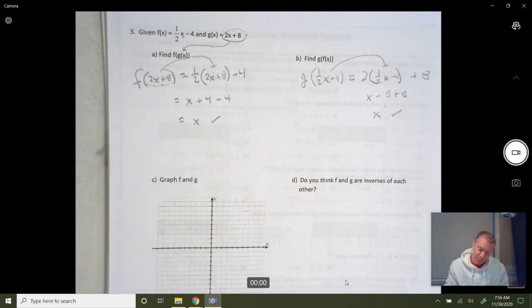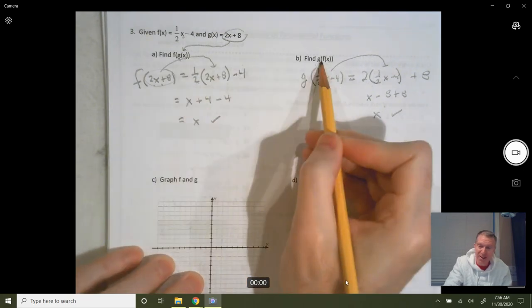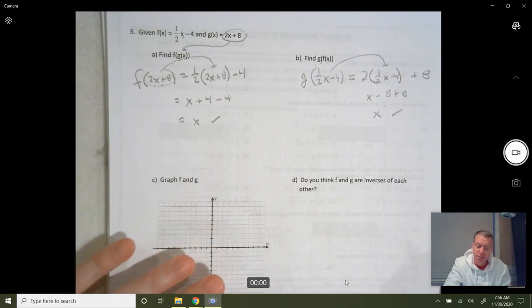Now, spoiler alert: anytime you have f of g of x and g of f of x that end up just being x, then your functions are inverses.